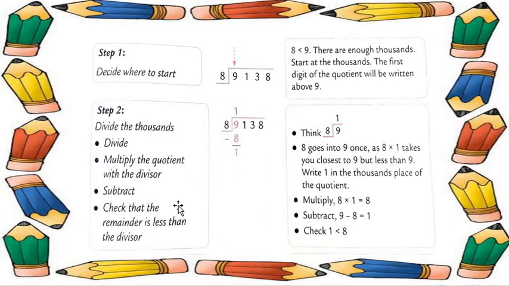Okay, so students, I hope you all understood what we have done, and the important things we must remember. Important notice: check that the remainder is less than our divisor. Always we check our remainder is less than the divisor. It means the divisor is the bigger number and the remainder is less than our divisor.